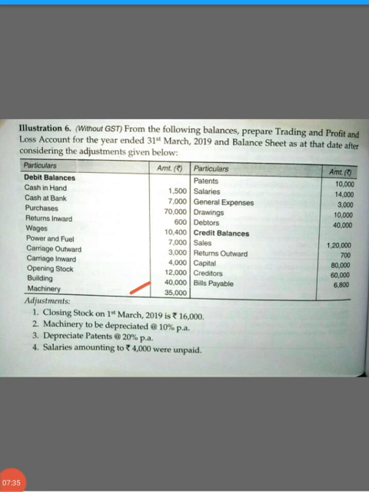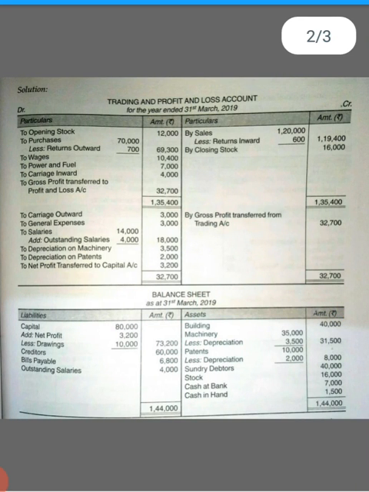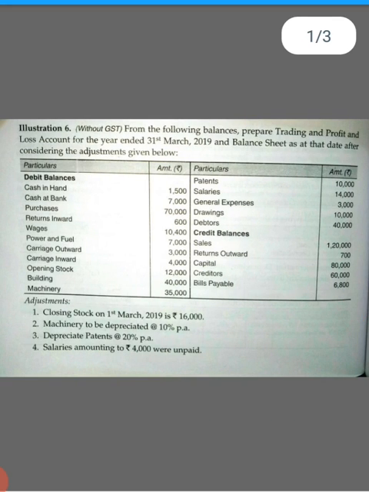Now we have to calculate 10% depreciation on the machinery, that is 35,000 into 10%, that is 3,500. So depreciation on machinery is 3,500. The two effects of depreciation: first, we will record it on the profit and loss debit side, depreciation on machinery 3,500, and the second effect, we will deduct depreciation from the machinery on the balance sheet asset side. See, machinery 35,000 less depreciation 3,500, and the balance is 31,500. Clear depreciation?